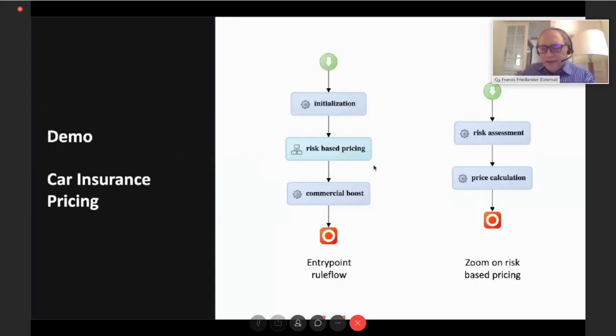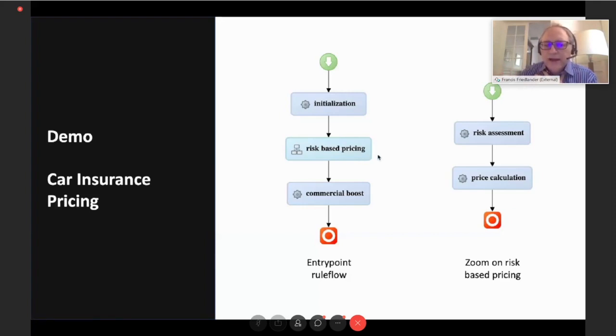So first, let me show you on an example what a simulation is. If you look at a decision service which is going to determine what price you are going to propose for a car insurance to a client, it's simplified, but you could say that there are two phases.